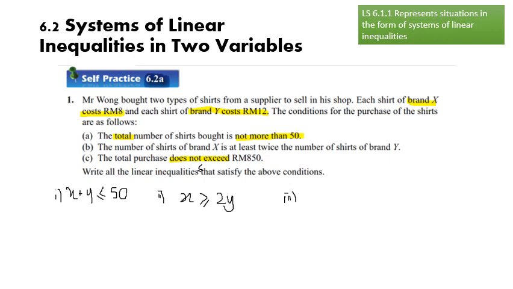So, harga untuk brand X tadi 8X plus 12Y, so dia kata does not exceed, so maksudnya less than or equal to 850.